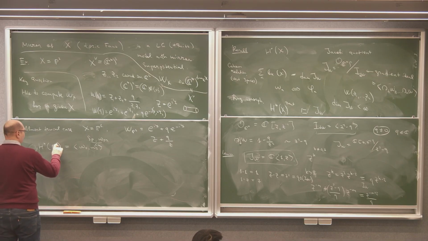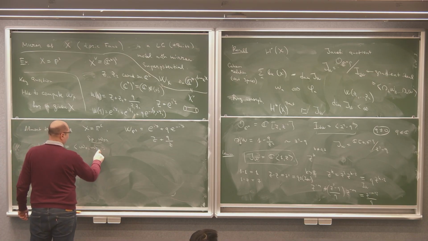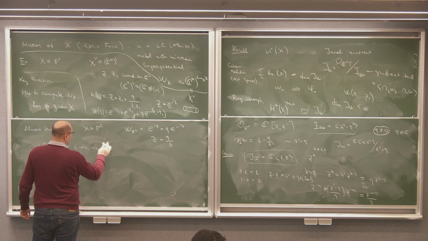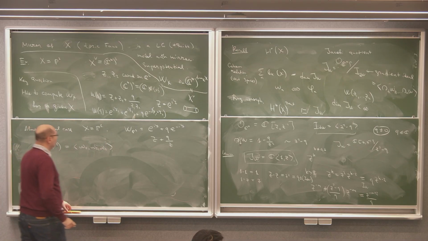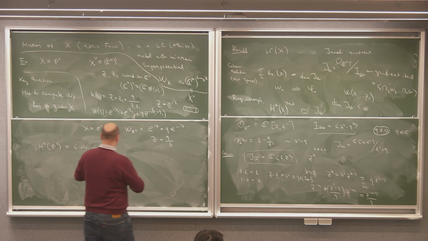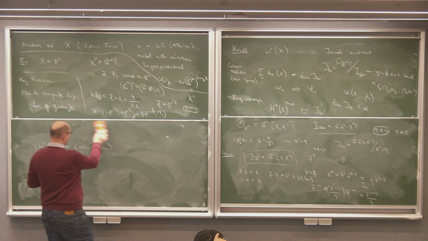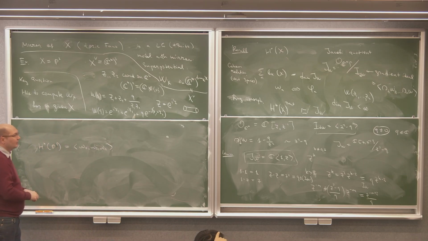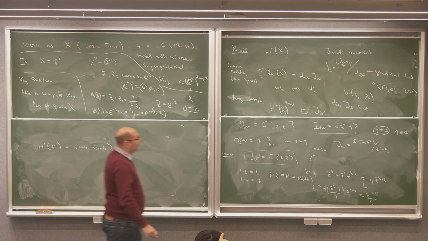H star of P2 is generated by omega 0, omega 1, and omega 2. What does it mean about the quantum? The morphism is a ring.